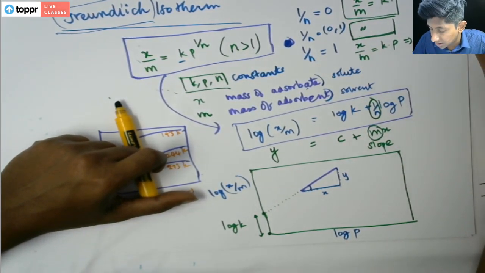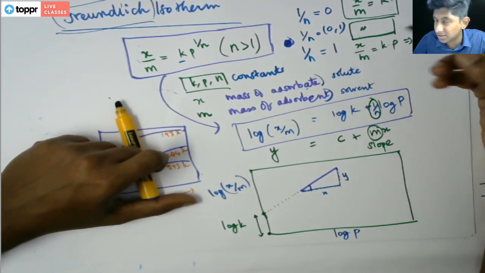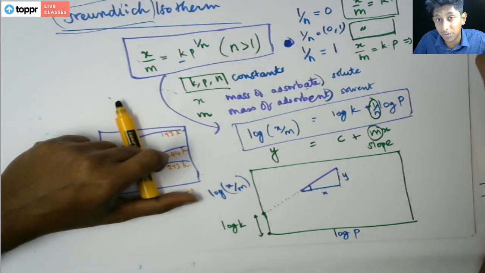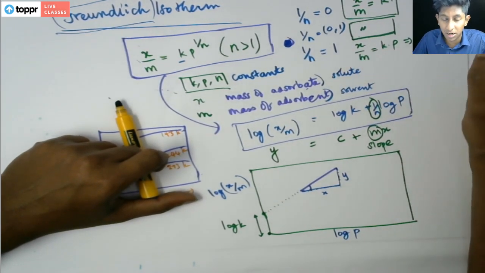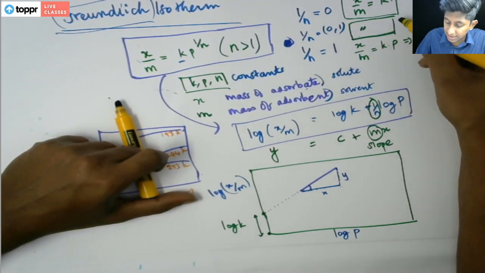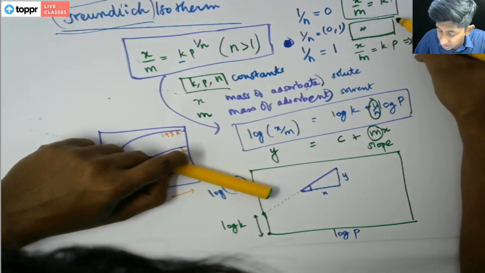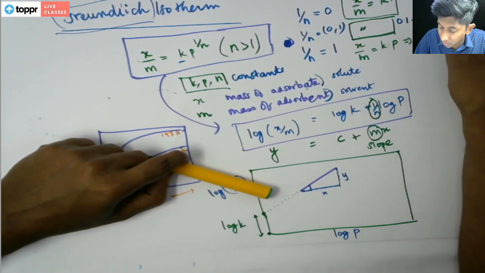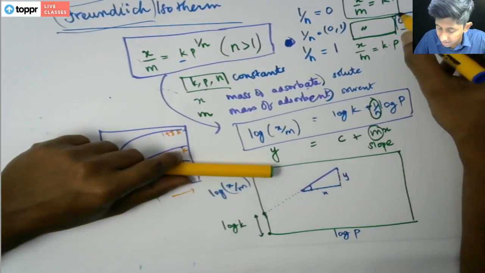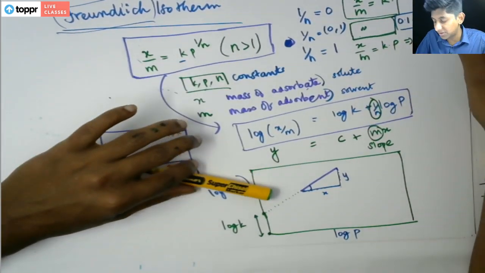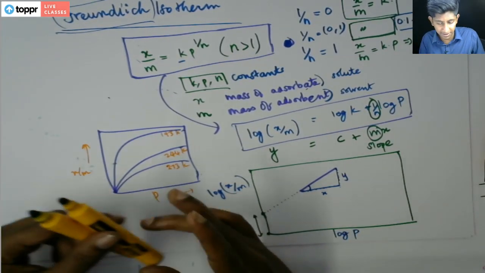The more you increase the pressure, the more adsorption happens, and the lesser the pressure is, the lesser it happens. It becomes a directly proportional equation only in the case of n equal to 1. But normally, in reality, this value is between 0.1 to 0.5, which makes it the normal values. So we generally don't see these two cases, but theoretically they can be applied.